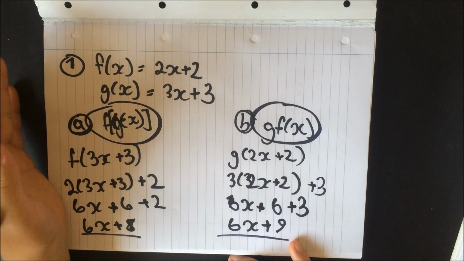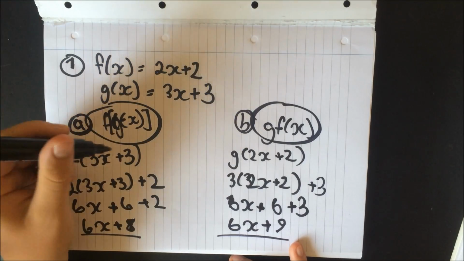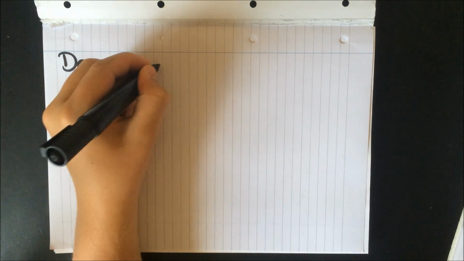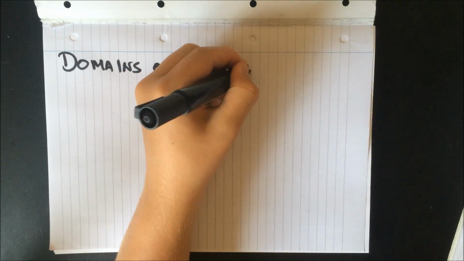It would give a different value, so we can't do that. So we've got to make sure we put it in right. So with composite functions, we can find the domains of composite functions.